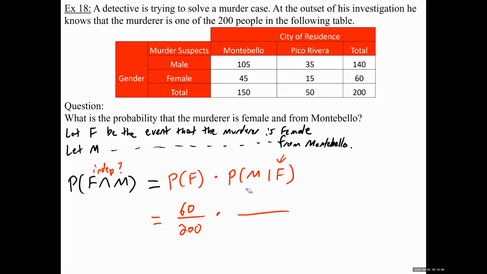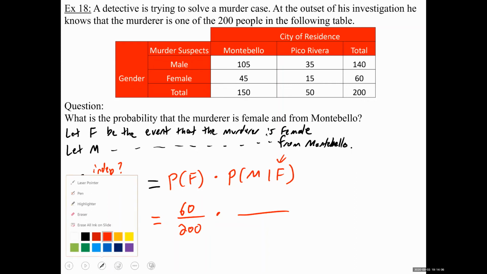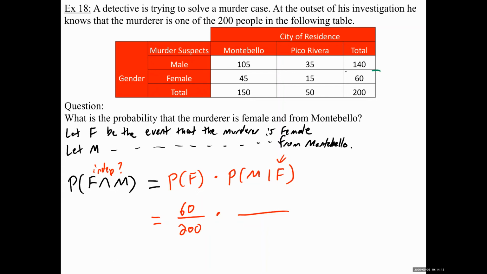So once they told you the murderer is female, it narrows down the sample space. The sample space is not the entire table anymore. If they say the murderer is female, the murderer is here somewhere in this green box. So any number that's not in the green box, we're going to ignore for the rest of it. It's like the bag got shrunk down to fewer things. Same thing here, the table got shrunk down. So all these numbers, forget about them now. They're gone.